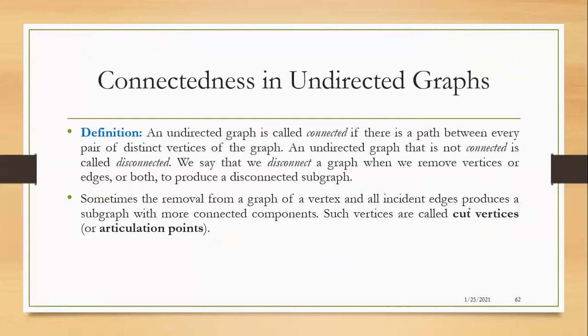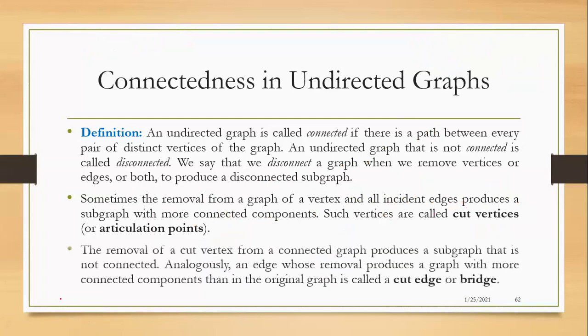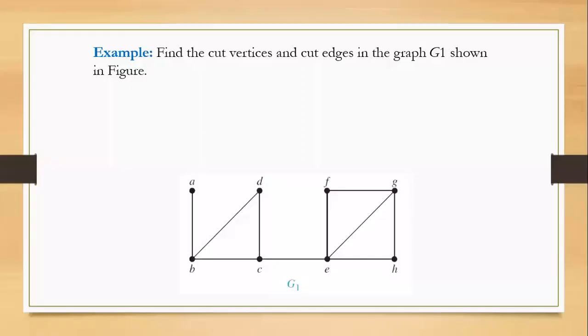Such vertices are called cut vertices, or articulation points. The removal of a cut vertex from a connected graph produces a subgraph that is not connected. And an edge whose removal produces a graph with more connected components than in the original graph is called a cut edge or bridge.